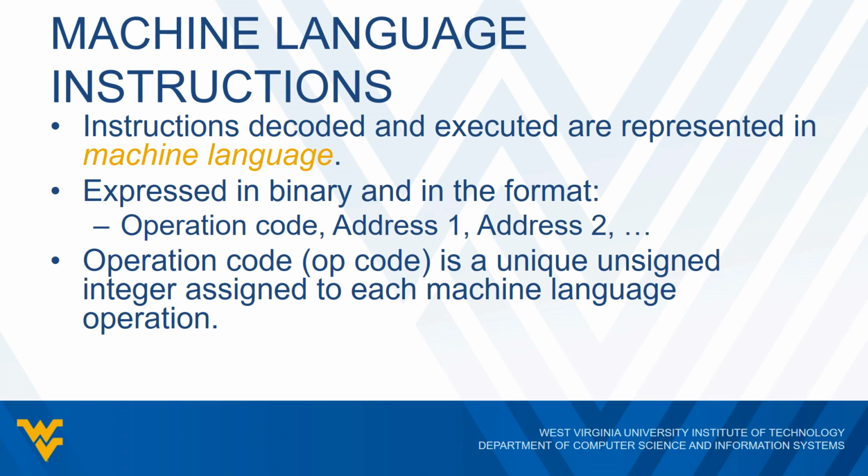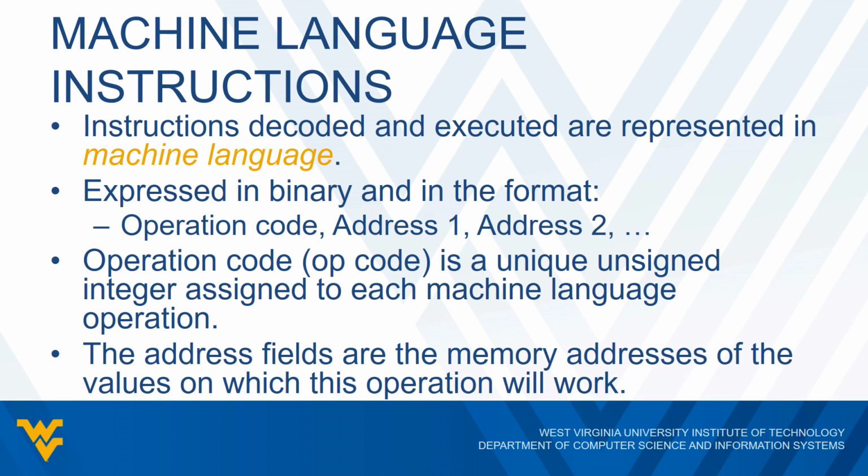For example, 0 could be add, 1 could be a compare operation, and so forth. If the operation code field contains k bits, then the maximum number of unique machine language operation codes would be 2 to the kth power. Now the address fields are the memory addresses of the values on which this operation will work.